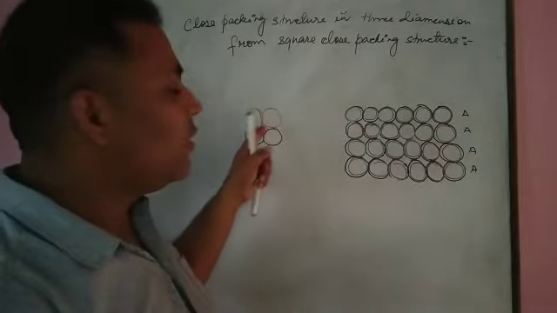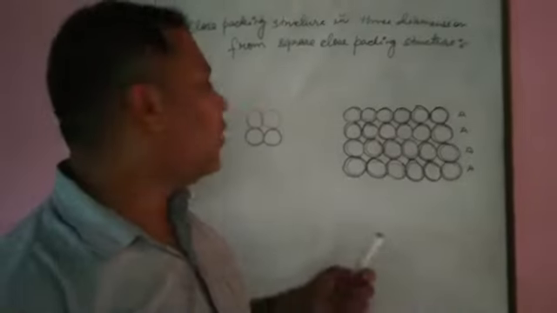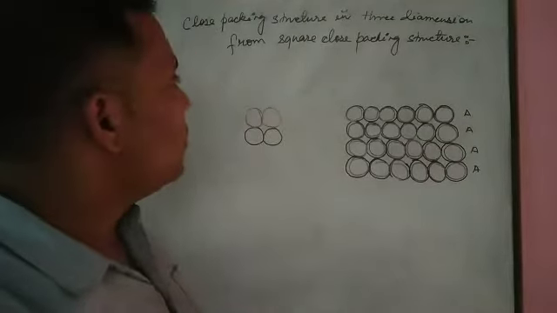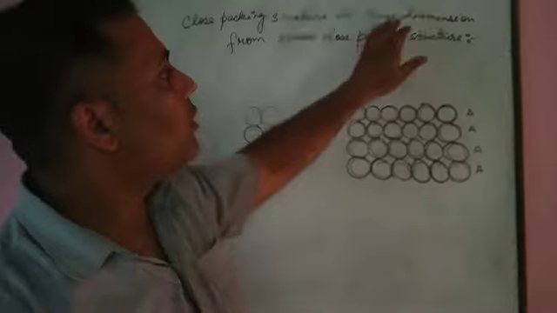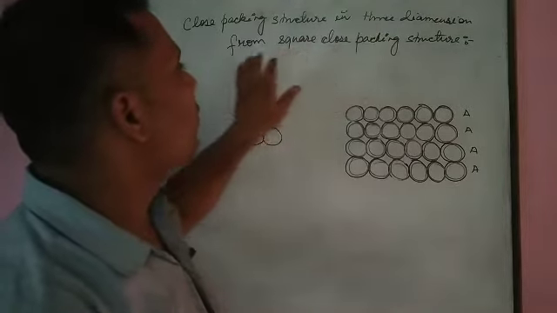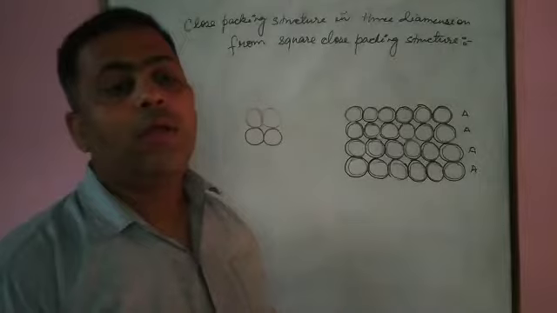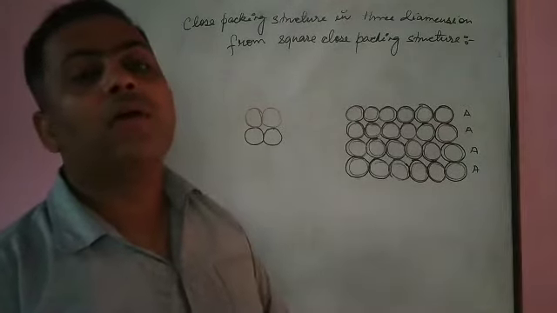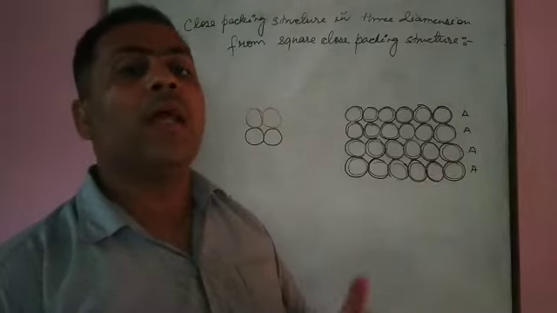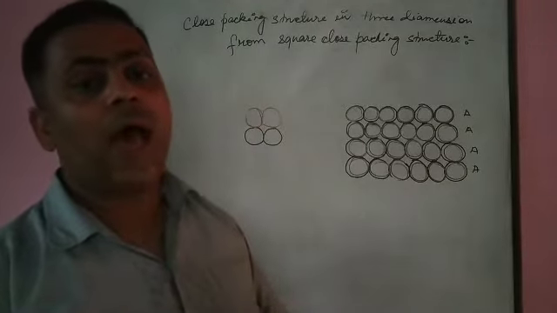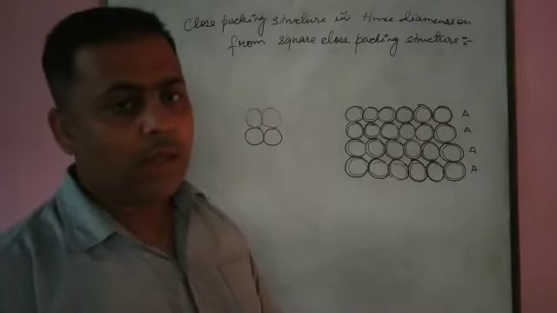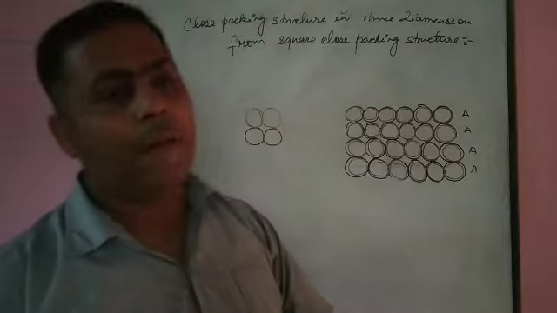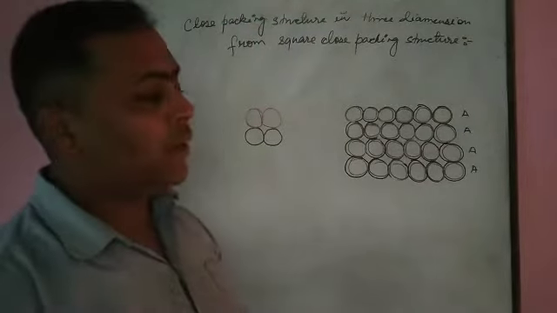Then if we join the centers of these spheres, we get a simple unit cell. It means in closed packing structure in 3 dimensions from a square closed packing structure, the atoms are arranged in such a way that they are horizontally aligned together with being vertically aligned, and they form closed packing structure in 3 dimensions from square closed packing structures.